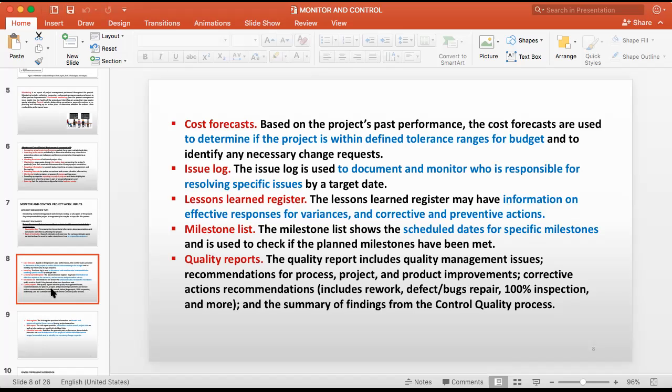Those things are very important because if there are issues, they will give the recommendations. All these recommendations are required to carry out the process. If there's a deviation, corrective action, repair work, defect repair, whatever you can attend to, you can achieve it because the quality reports are there. You know what standards you have to maintain. So that is important.